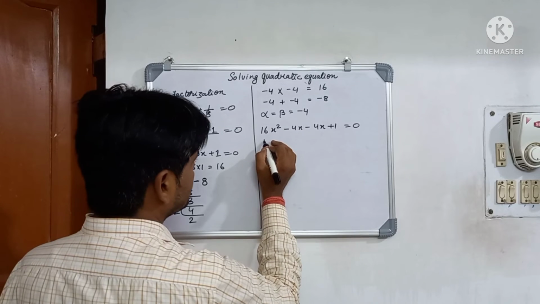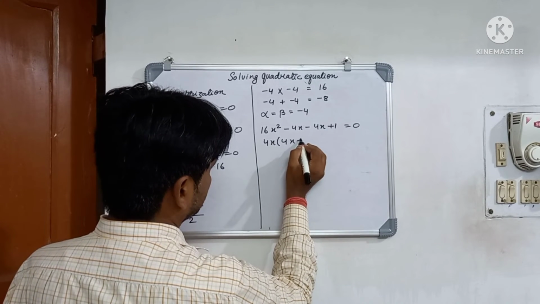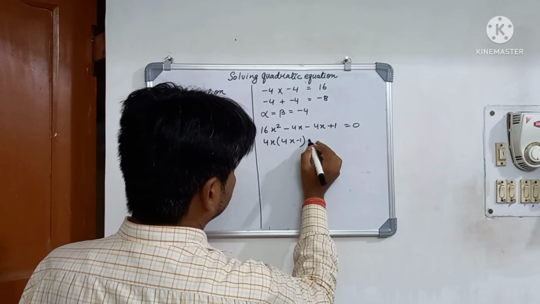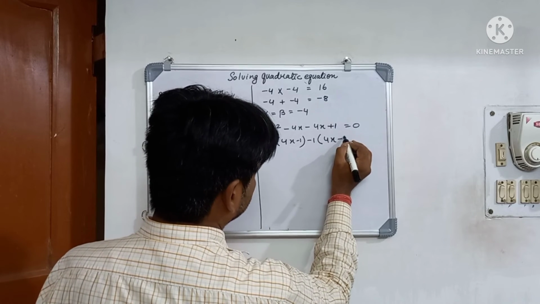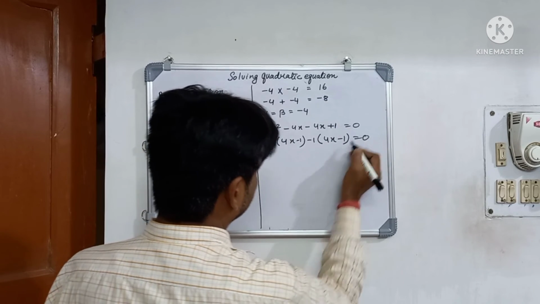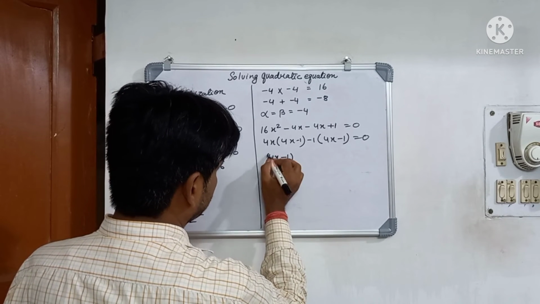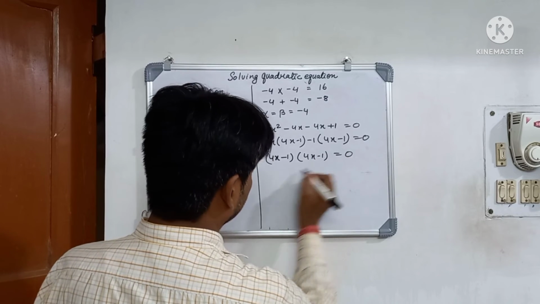Now arranging these values, if I take 4x as common, then 4x minus 1. Again if I take minus 1 as common, then we will be getting minus 4x minus 1 is equal to 0. Further we can write 4x minus 1 and 4x minus 1 is equal to 0.